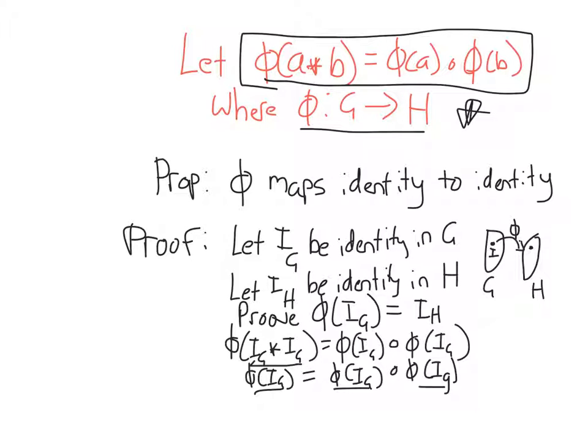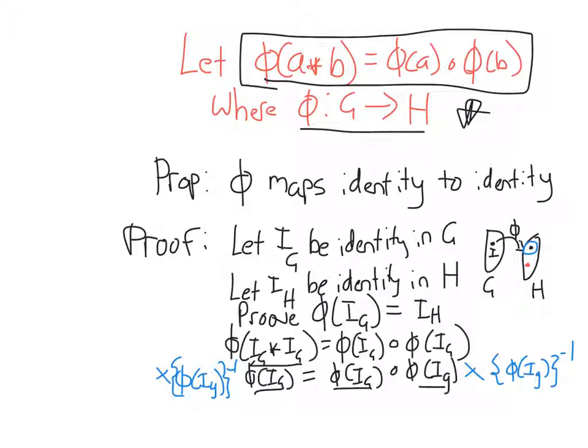Now, because H is a group, each element has an inverse. So what we can do is multiply each side of this equation by phi of IG, whatever that is, we can multiply by its inverse. It will be somewhere in the group by the definition of a group. So if we times one side by the inverse, we have to times the other side by the inverse.